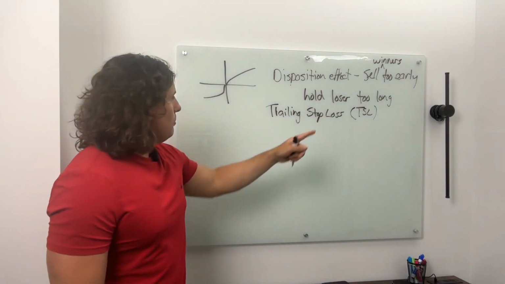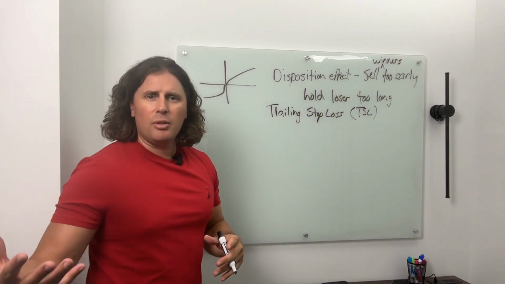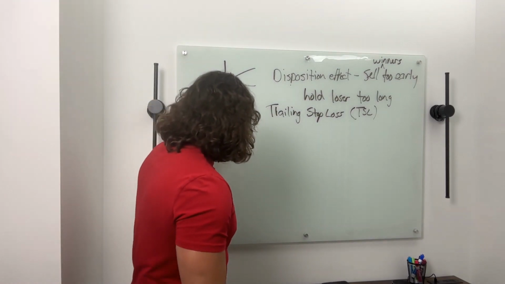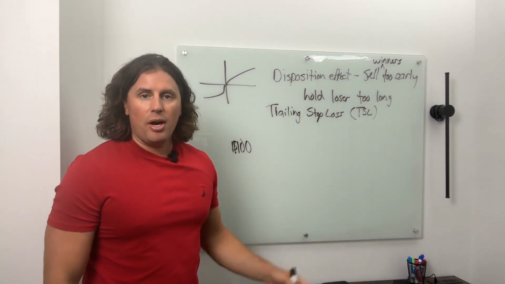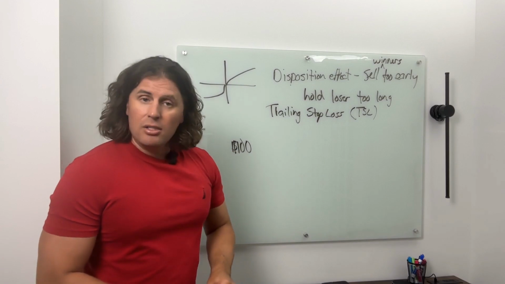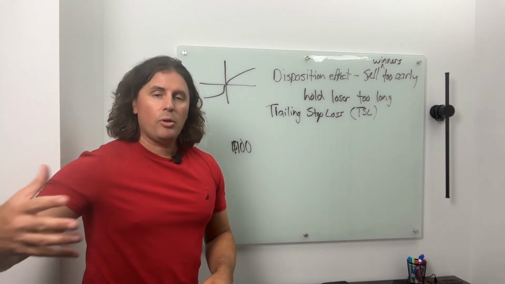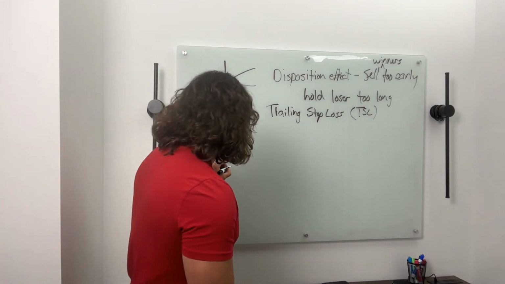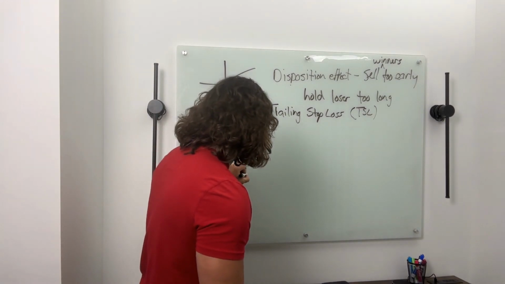So a trailing stop loss, what that would do is, let's say, I'm going to use an example. We buy a stock at $100, and in the United States we can place a trailing stop loss as a percentage, and we can use it good till canceled, which, depending on your broker, can go from 60 to 90 days. So I'm going to put a trailing stop loss of 20%.